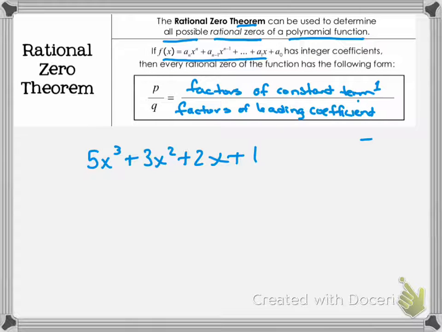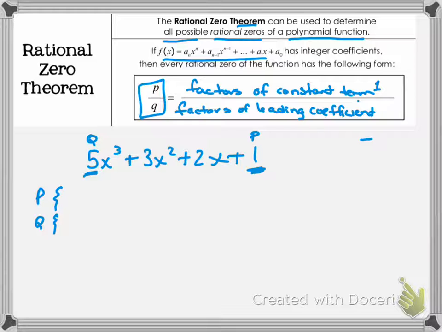So P is this guy and Q is this guy. All right, and so when we say P over Q, we're talking about all the possible factors of P and all the factors of Q. And then you could put P over Q to make a list.